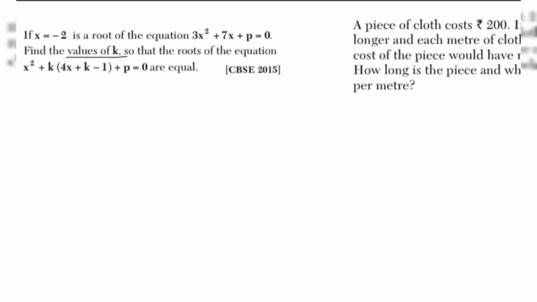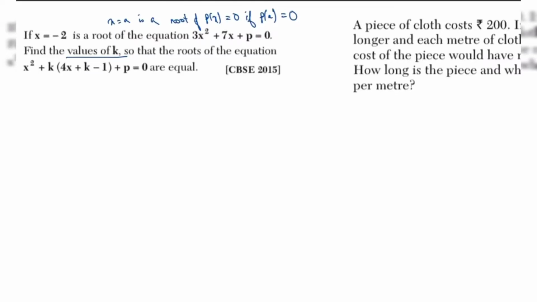Okay, x equal to minus 2 is a root, like I had said in the previous video, that x equal to a is a root of p(x) equal to 0 if p of a equals 0. So just put a in place of x and see what happens.